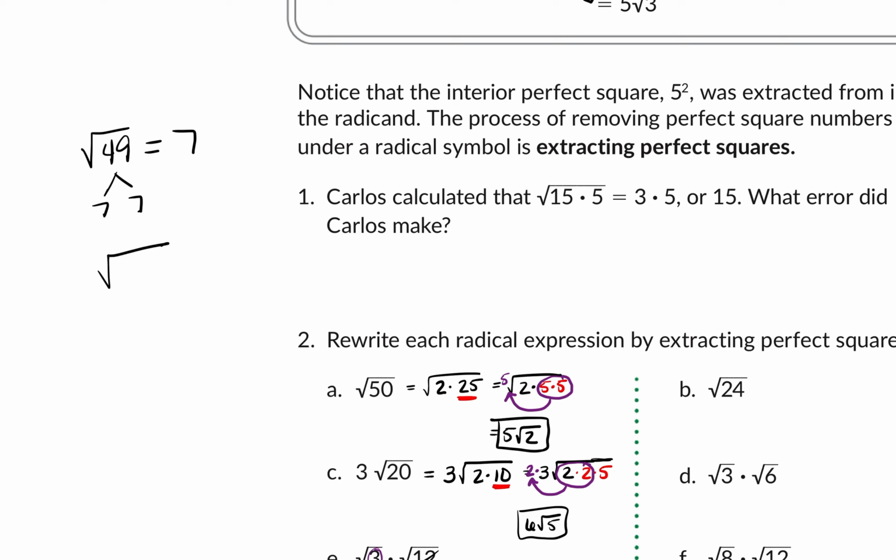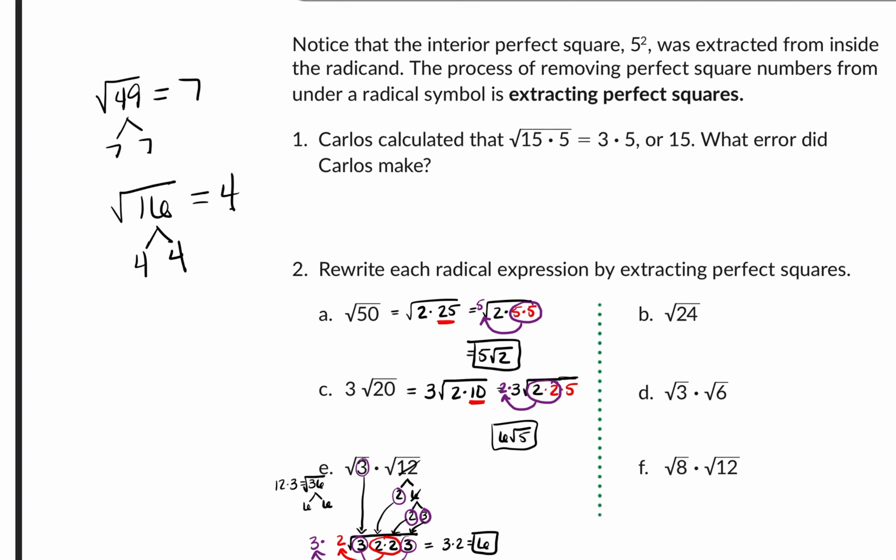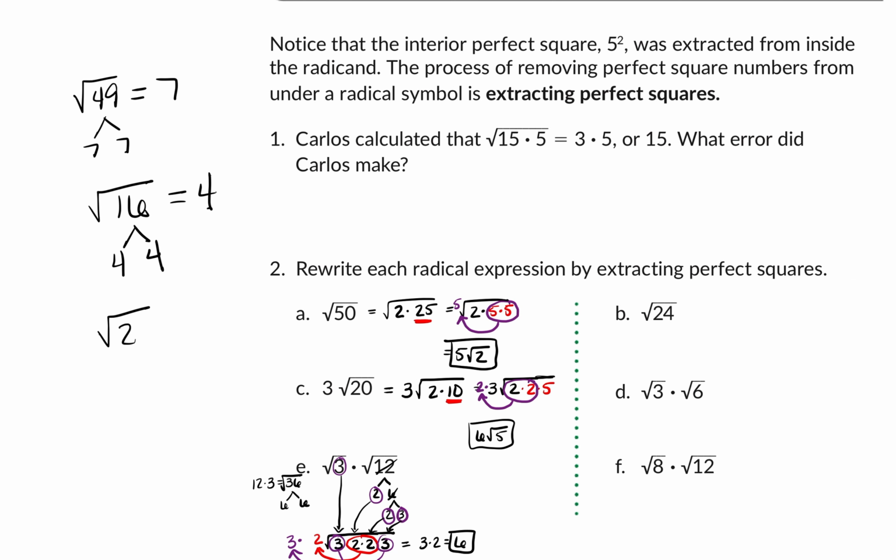The square root of 16 is 4 because you multiply 4 by itself to get 16. Same thing if you have the square root of 25. Well, what number can you multiply times itself to give you 25? 5, because 5 times 5 is 25.